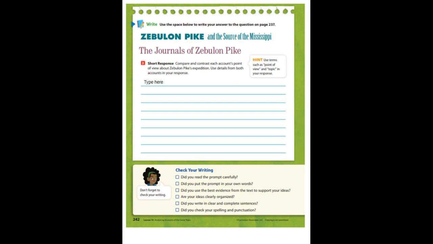Or, for instance, in the journals of Zebulon Pike, the author stated, and cite some text evidence. So we are not just stating our opinion here. Also, I would like to see at least 4 sentences from each of you. I think that should be easy because if we are comparing and contrasting each account, we can write 2 sentences about George Chester's point of view and then 2 sentences about Zebulon Pike's point of view.